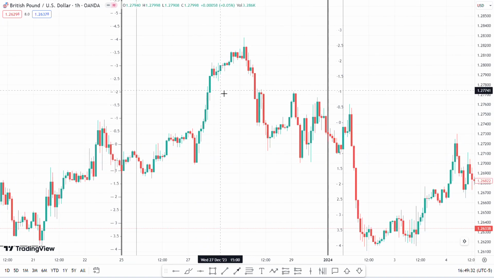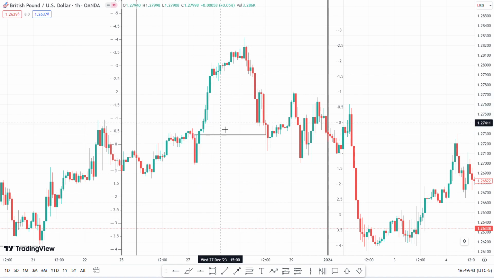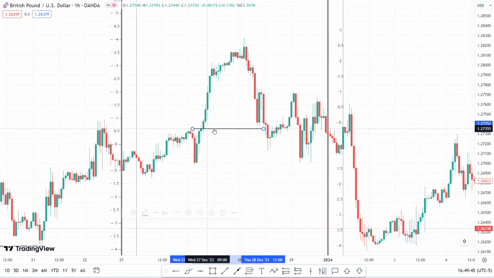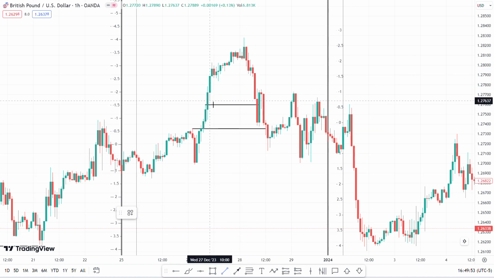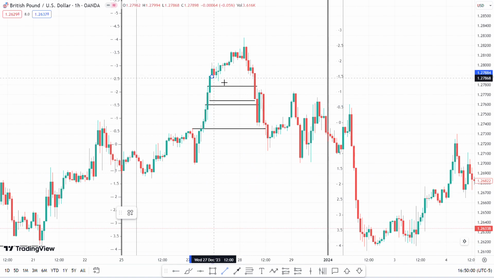So it's gaps, 1, 2 gaps, these highs, this high, this candle, these gaps. That's what you're looking for now, is targets.